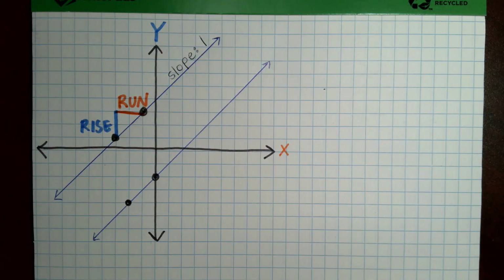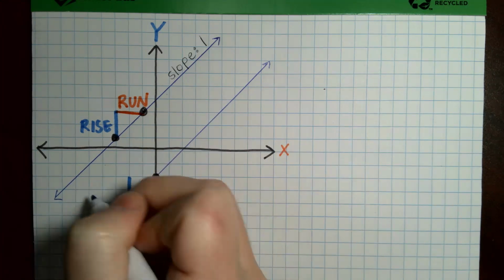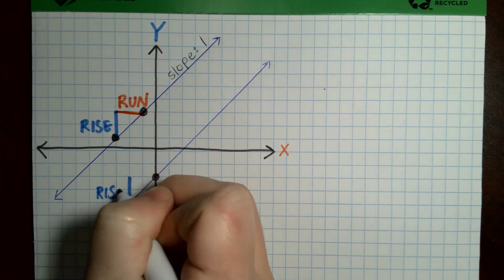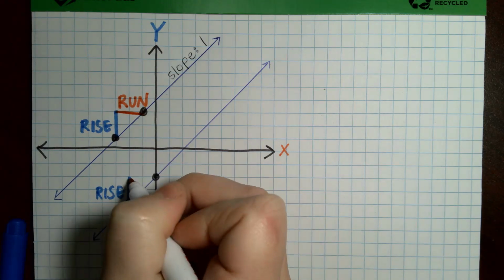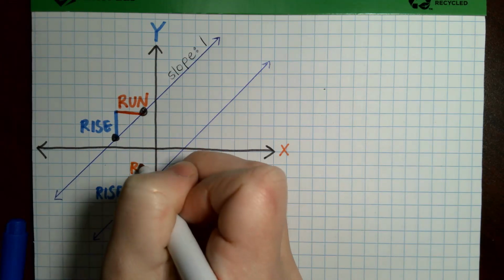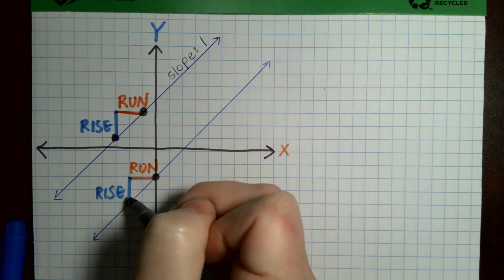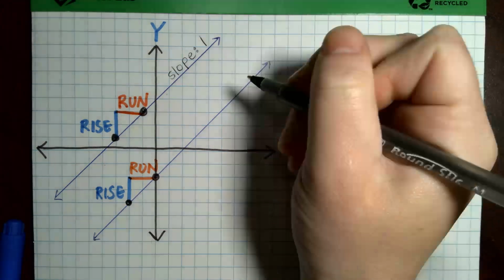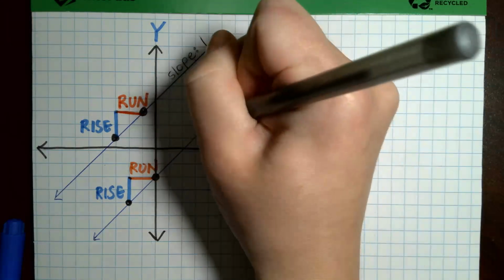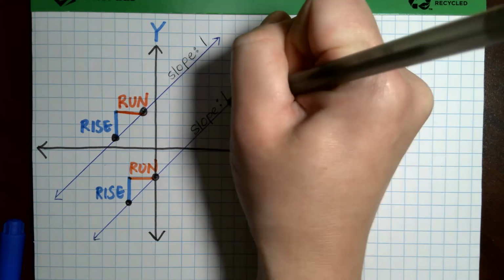Okay, let's try the other line here. We're going to count the same way. We need to find our rise and our run. Yeah, we're going to get the same thing. We've got 2 for our rise, 2 for our run, so 2 over 2 is going to simplify also to 1.